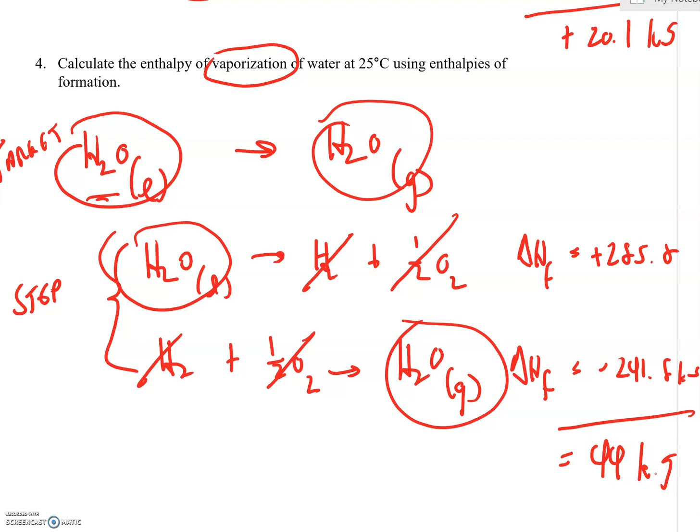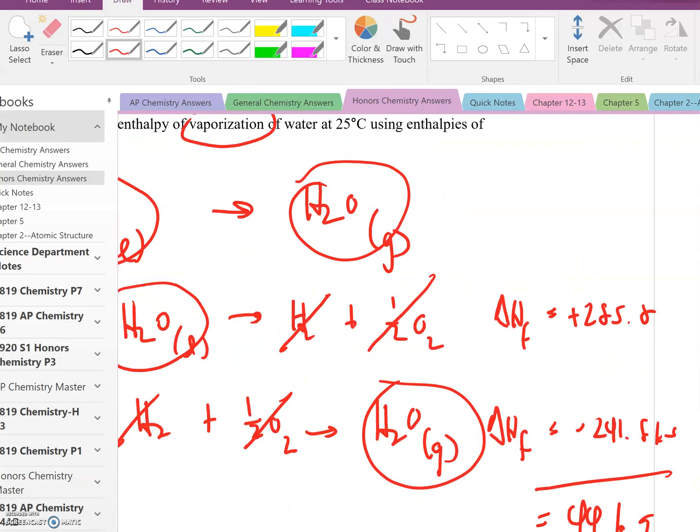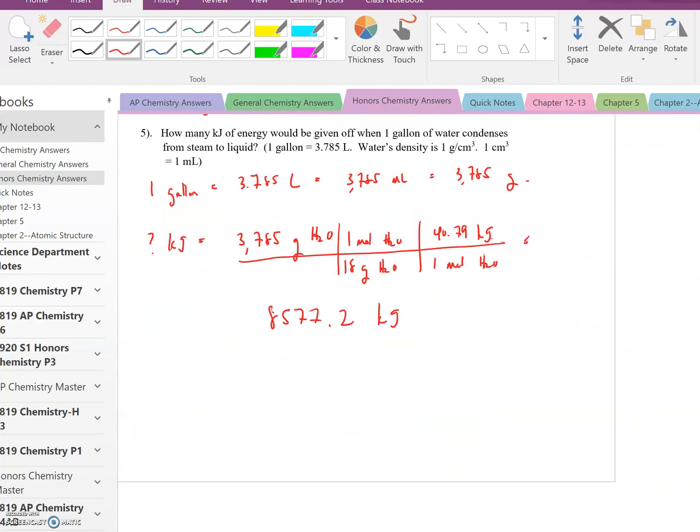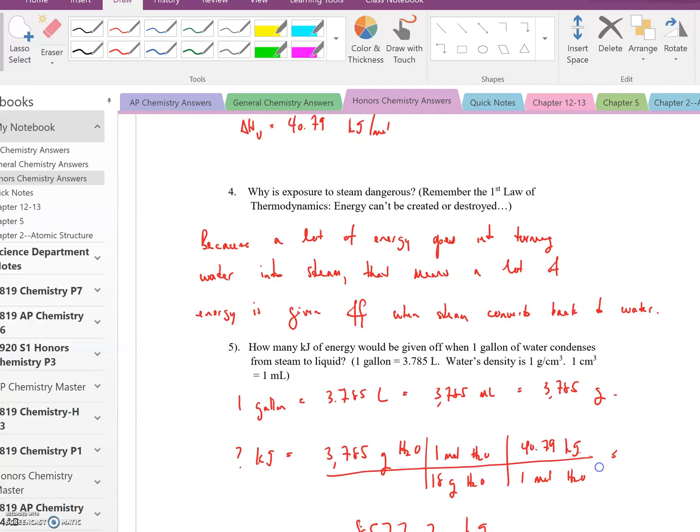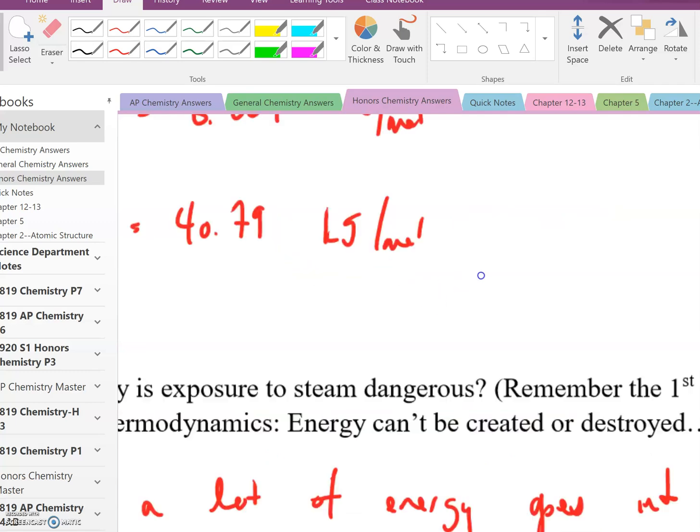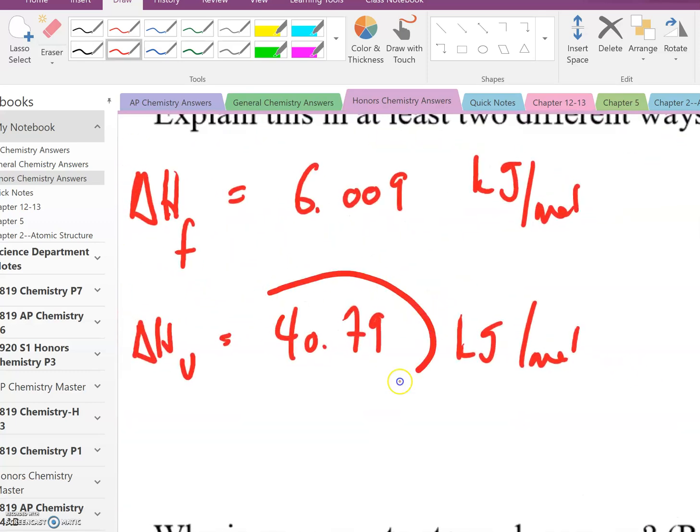Now you might remember that way back in chapter 10, when we were looking at the vaporization of water, properties of water, you guys remember this? We already knew the delta HV for water, 40.79 kilojoules per mole. So this is something that we already have known.